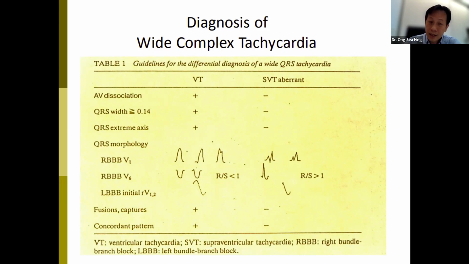Extreme axis means axis between, if you look at a cross, 270 degrees to 360 degrees. If you are facing me and I'm a cross, then the axis is on my right upper zone. So if the electricity is going towards my right upper zone, or towards northwest, then it's extreme axis.